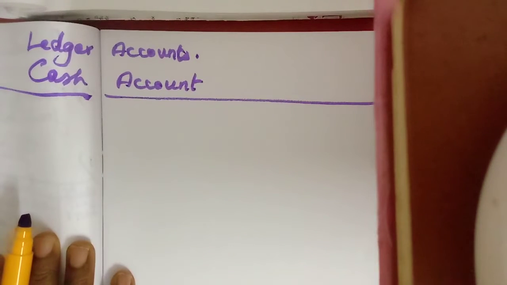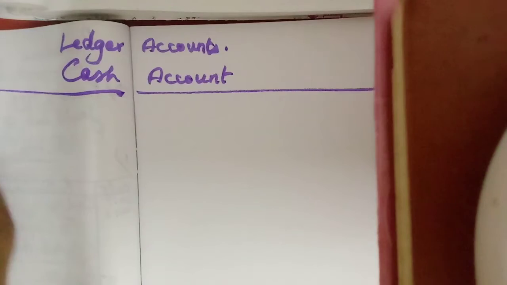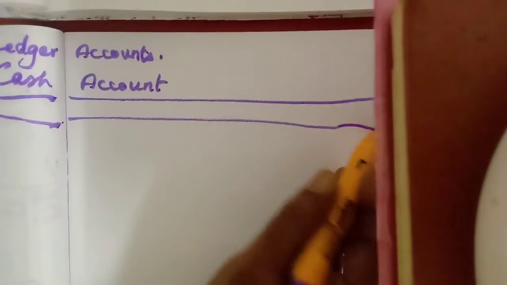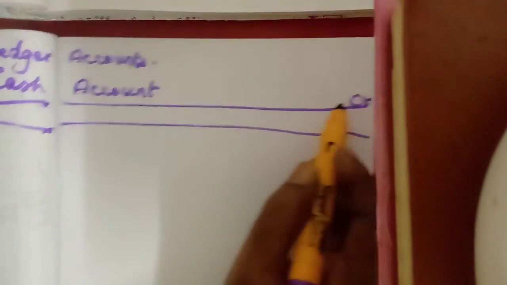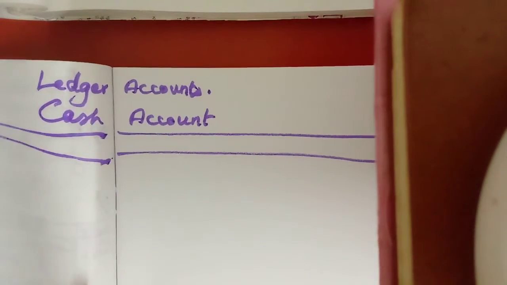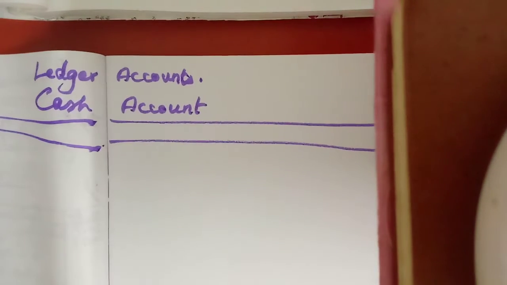In the accountancy notebook the pages and lines will be given. First debtor and creditor: here CR we should write, here DR, left hand side DR. Now divide that page into 4.